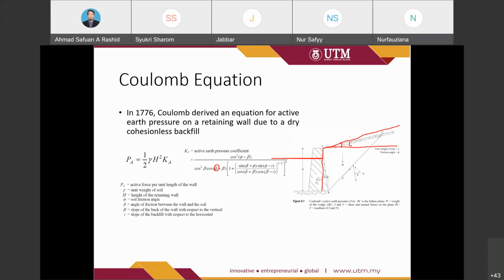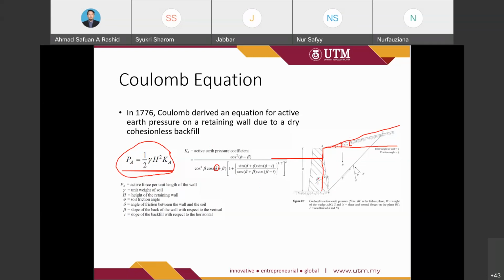Then we may use this equation to calculate the Ka. This is the equation for a single layer of soil to determine the active lateral pressure.